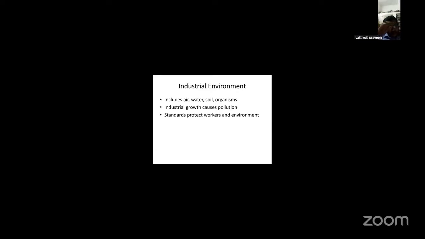Air quality is affected by emissions of gas, dust, and fumes. Water quality may be contaminated with industrial effluent and chemicals. Soil can accumulate heavy metals, chemicals, and waste. Living organisms, plants, animals, and humans are affected in the population.